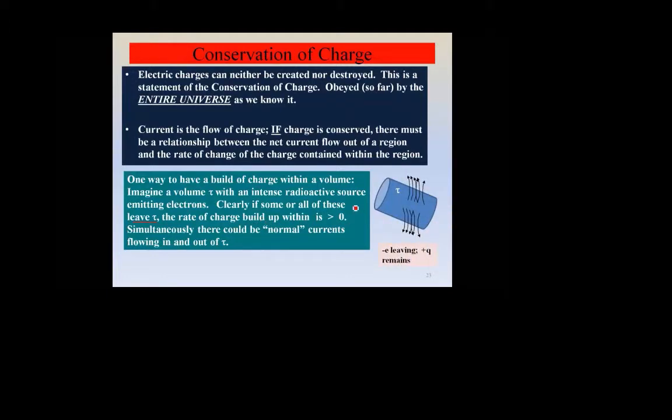So let's imagine this tau, this is a volume, and we have sources of beta particles leaving the region right here, and some of those are escaping. If negative charge is leaving, then the emitters must be positive because they've emitted an electron. So as a result, you have a buildup of positive charge because of this emission that has left the volume tau.